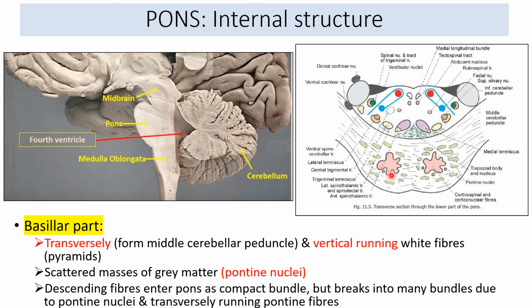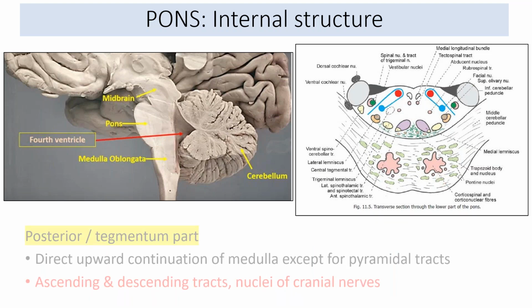The descending ones occupy the more ventral position, internally in the basilar part of the pons. Apart from these transversely running and vertically running fibers, you have gray matter nuclei. These are the pontine nuclei, scattered masses of gray matter. So these are the three structures that you will see in the basilar part.